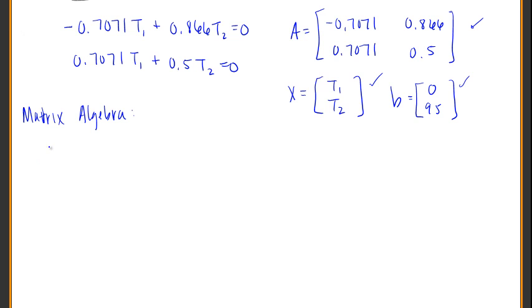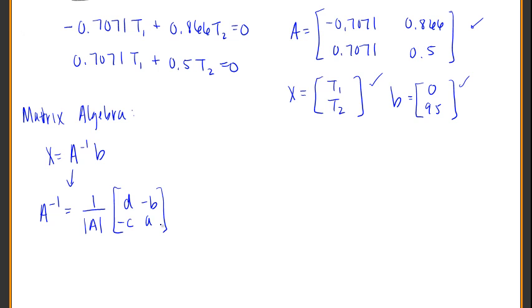Matrix algebra says that if I'm going to solve it, then X is equal to A inverse times B, where specifically A inverse is 1 over the determinant of matrix A times, oops, I was about to say D and I wrote B, but I need D. So I'm going to swap D and A and then switch the signs on B and C. Okay, so that's how we're going to get the inverse.